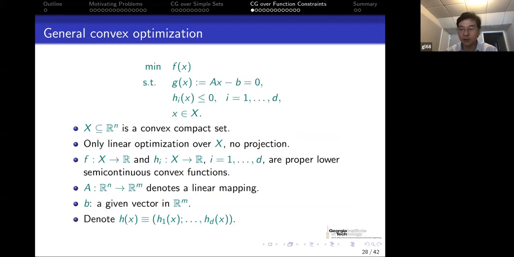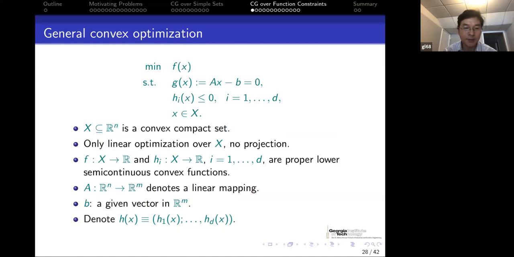So in this part we are going to talk briefly about some of our recent research results. This is actually a very classical convex optimization problem. We minimize f subject to linear constraint g(x) defined as Ax minus b equal to 0, and we have convex inequality constraint h_i(x) less than or equal to 0.